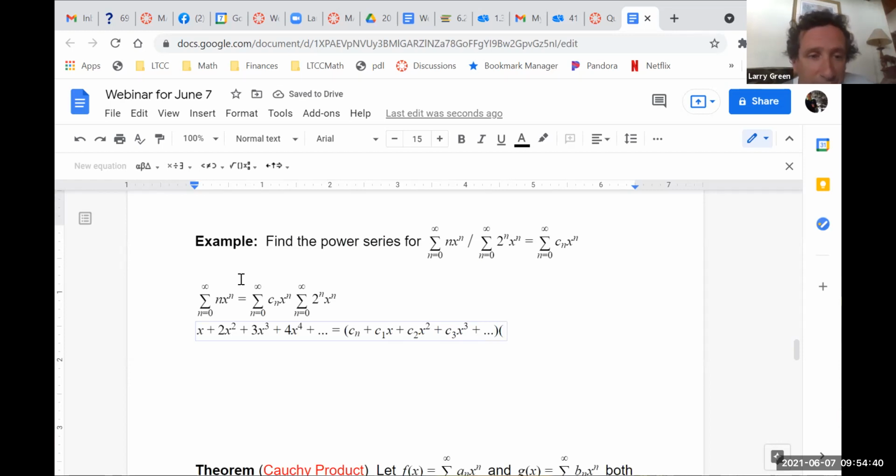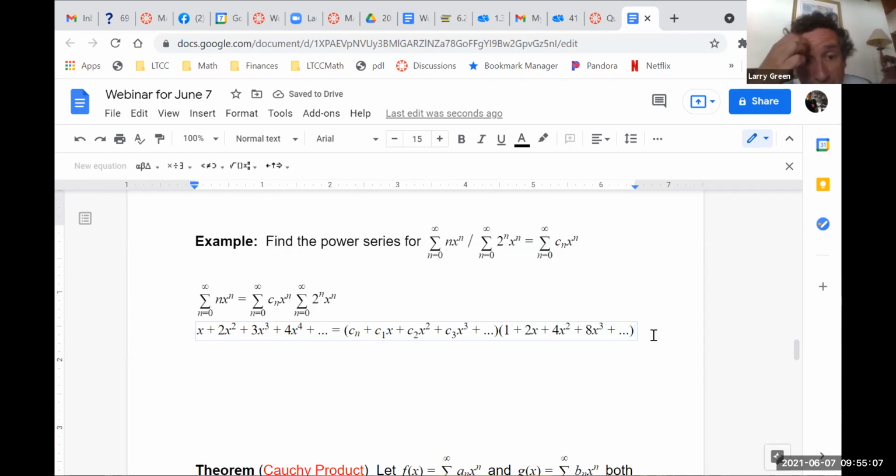If you plug in 0, you just get 1, and then plus, you plug in 1, you get 2x. If you plug in 2, you get 4x squared. If you plug in 3, you get 8x cubed. Plus dot, dot, dot.